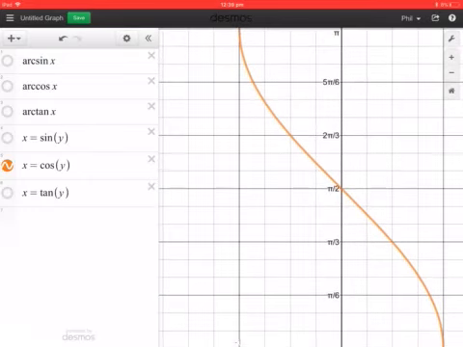Well, we see that this is now a function as well, a reflection of the arcsin. So for arcsin, we go from -pi on 2 to pi on 2. For arccos, we go from 0 to pi to restrict sine x and cos x.